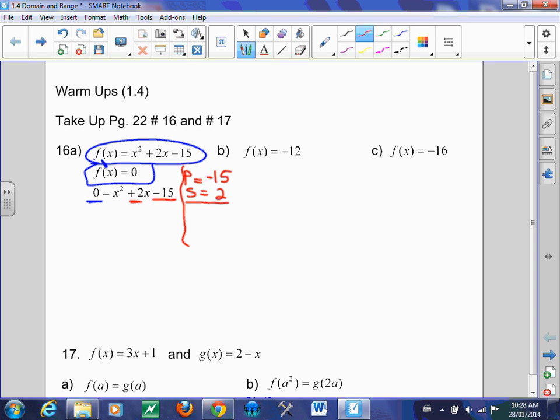Well, the product's negative. You know one has to be positive, one has to be negative. So you either have negative 3 times 5 or 3 times negative 5. Or your other possibles are 1 times 15 or negative 1 times 15 or 1 times negative 15. Which one of those gives you a sum of 2? And that is negative 3 and 5.